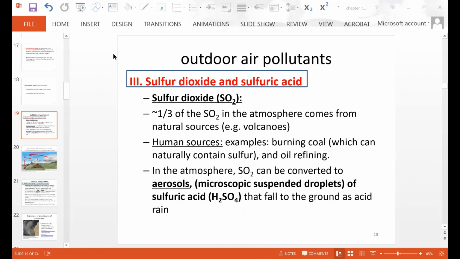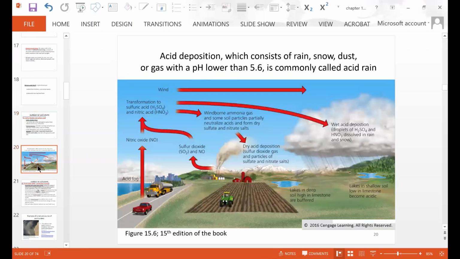In the atmosphere, sulfur dioxide can be converted to aerosols, which are microscopic suspended droplets of sulfuric acid. And then those droplets can fall to the ground as acid rain or acid deposition.